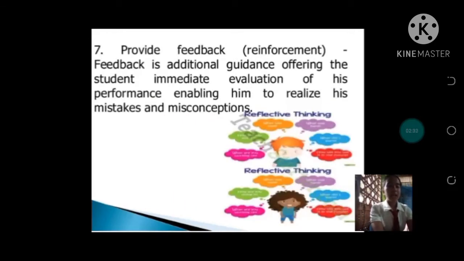So, next, 8, provide feedback or reinforcement. Feedback is additional guidance offering the students immediate evaluation of their performance, enabling them to realize their mistakes and misconceptions. Feedback involves providing learners with information about their response, whereas reinforcement affects the tendency to make a specific response. Feedback can be positive or negative, and reinforcement either increases or decreases the response.